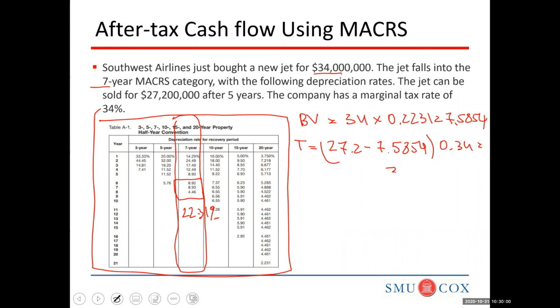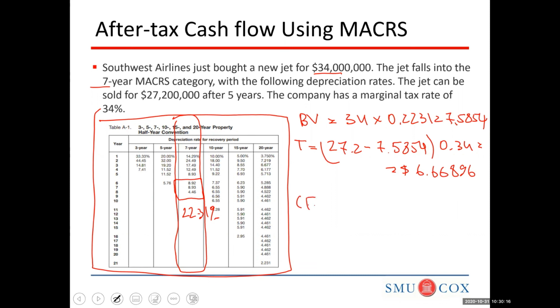So the tax is 6.66896, and then you subtract that number from the proceeds.